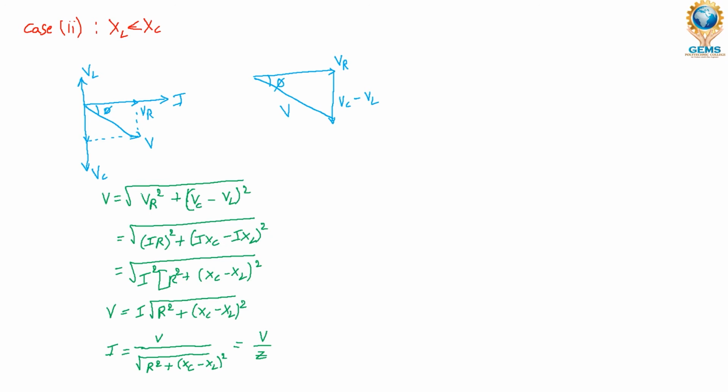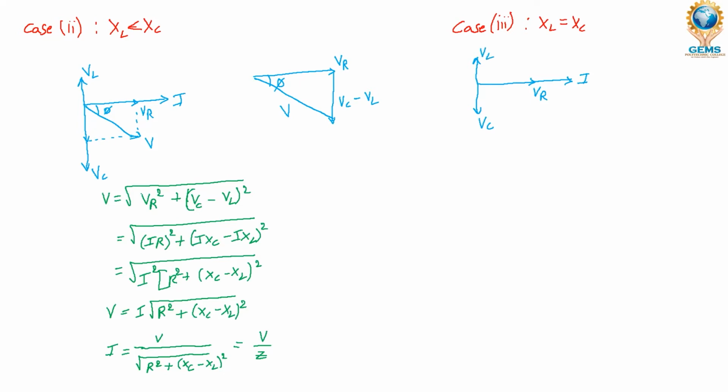Next, we will see case 3 here itself. XL is equal to XC. Then the phasor diagram will be like this. This is the I. Here itself VR. यहाँ हम लोग VC लेंगे, इतना ही छोटा का VL हो जाएगा.